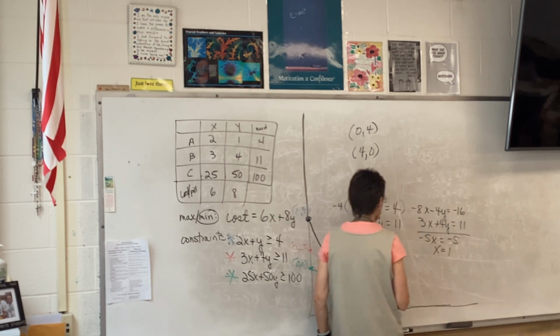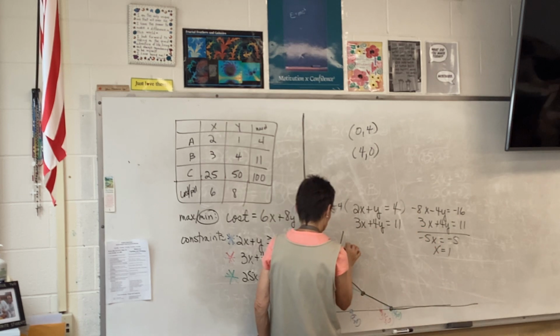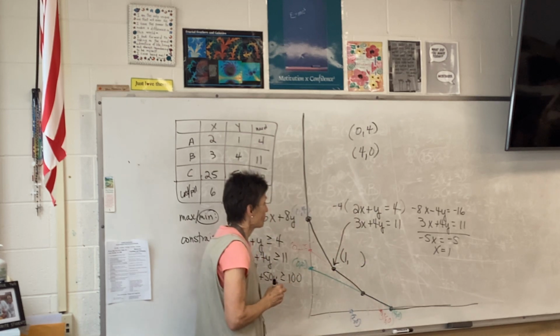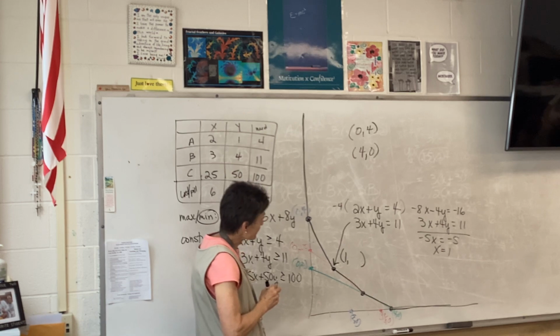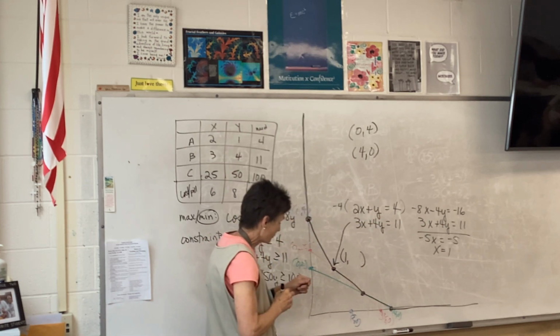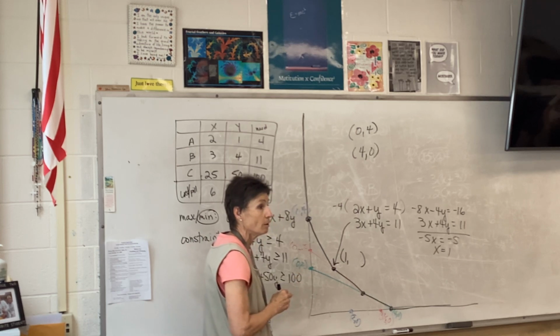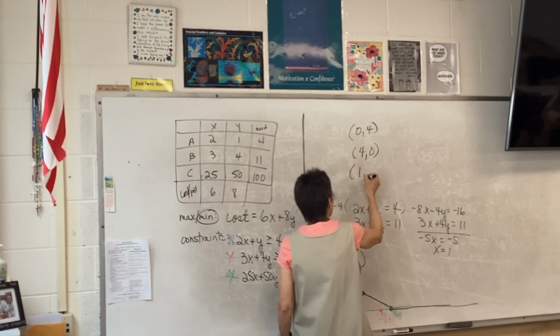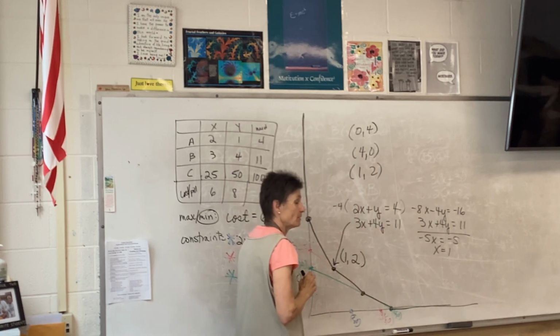So I got x equal to 1. And with x equals 1, I'll plug that back in. And it looks like y is going to equal 2. So there's another point. Remember, I have 4 altogether.